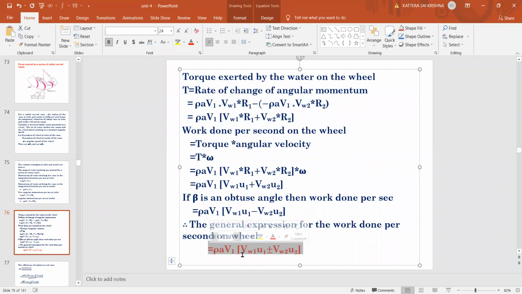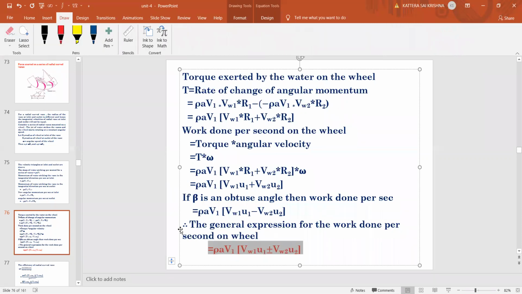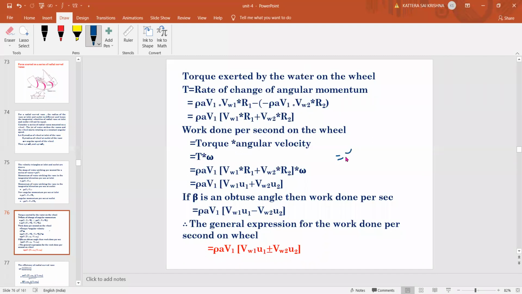So the work done per second is this in the case of a series of blades. Suppose it is a single blade, as already seen, we had rho A VR1 as the mass flow rate into VW1 plus or minus VW2 into U, right?